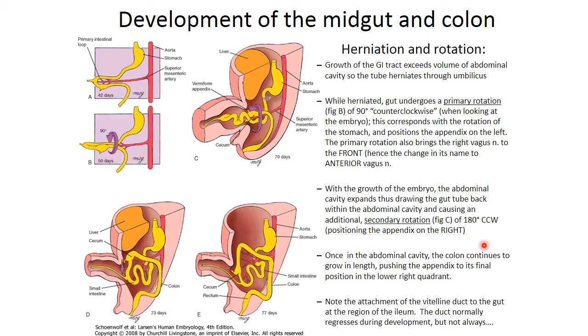So that is 270-degree, but 90-degree when there is herniation, and 180-degree when it returns back. So this is showing you the first rotation, 90-degree, and this is showing you the rest of the 180-degree rotation.